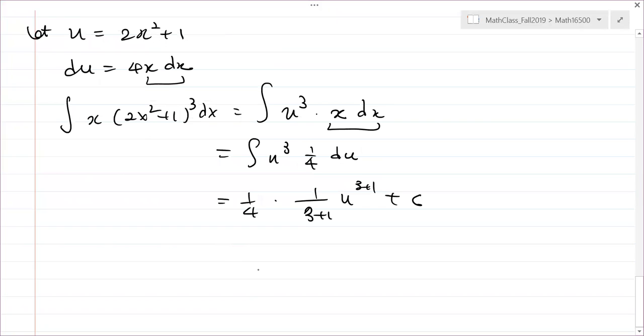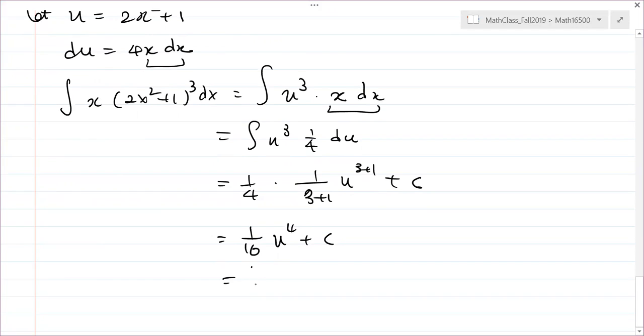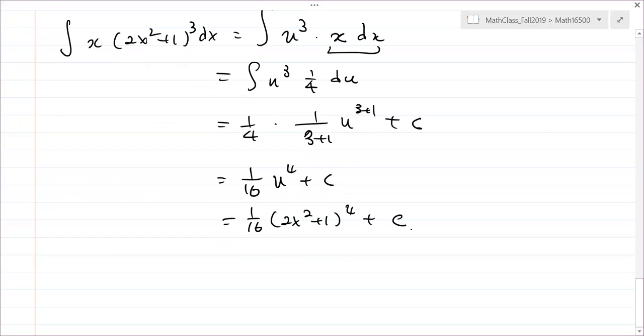So it's 1/16 u to the 4th power. And what is u? 2x squared plus 1, to the 4th power. Then when you differentiate, you will get the same answer. So now this method is very, very good. I can do lots of problems.